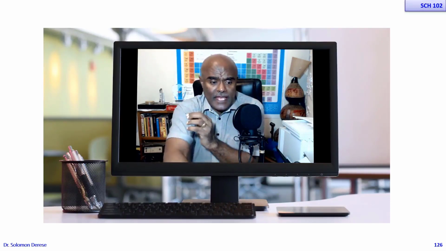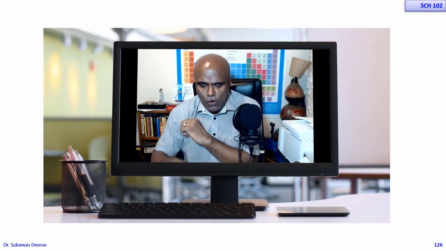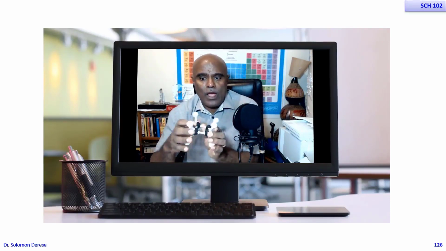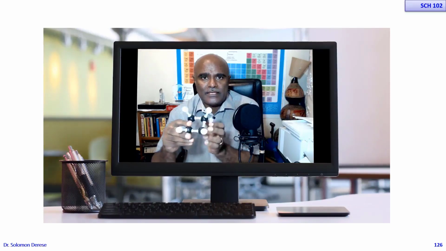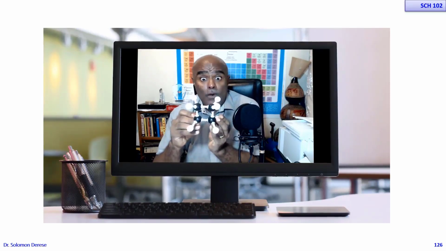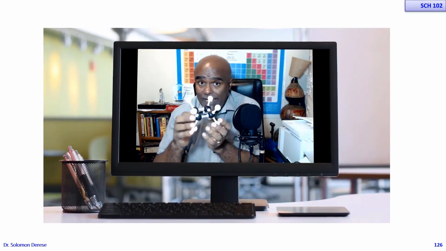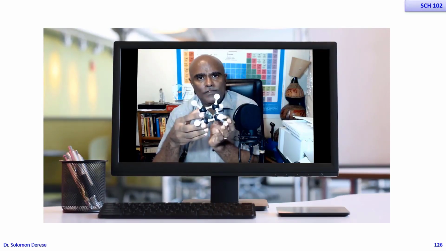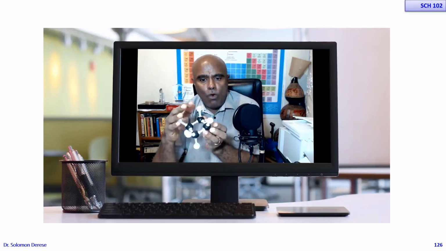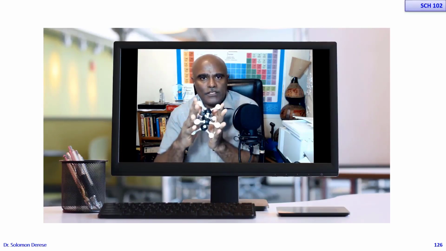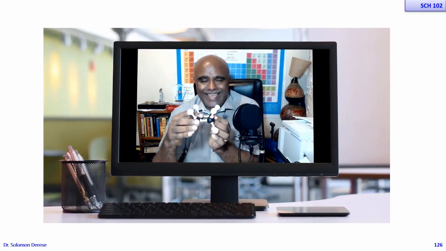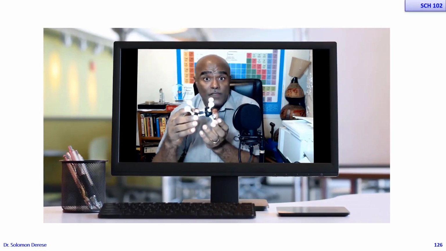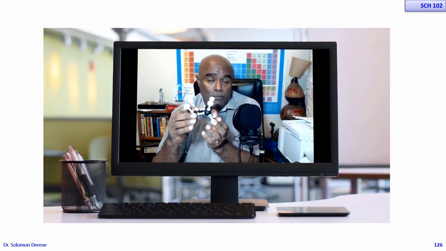The second member of the cycloalkanes is cyclobutane. Now, if cyclobutane is planar, it will have a bond angle of 90 degrees and all its 8 hydrogens will eclipse with each other, and the bond angle will be 90 degrees, far from the ideal 109.5.